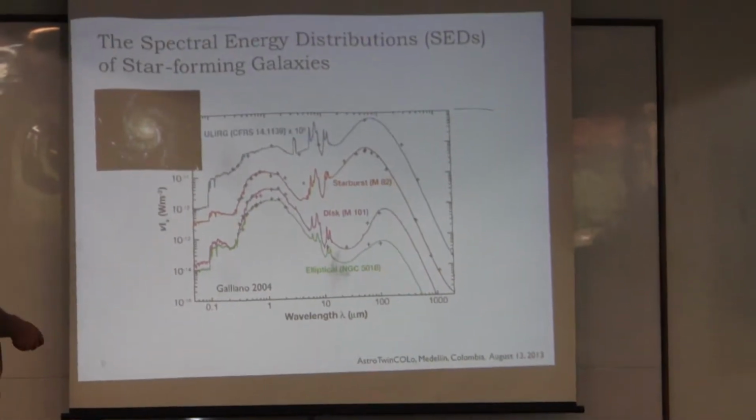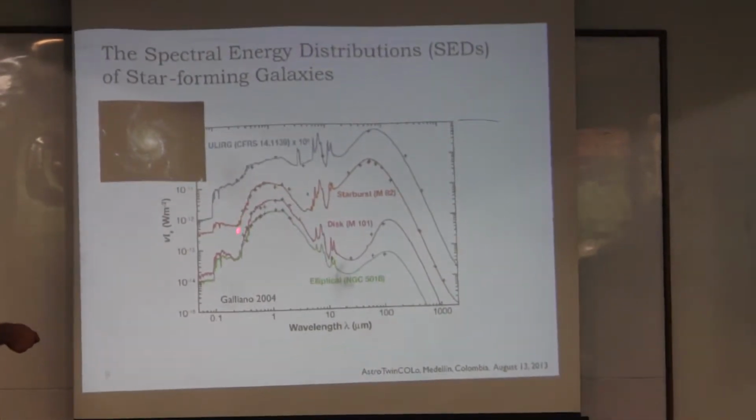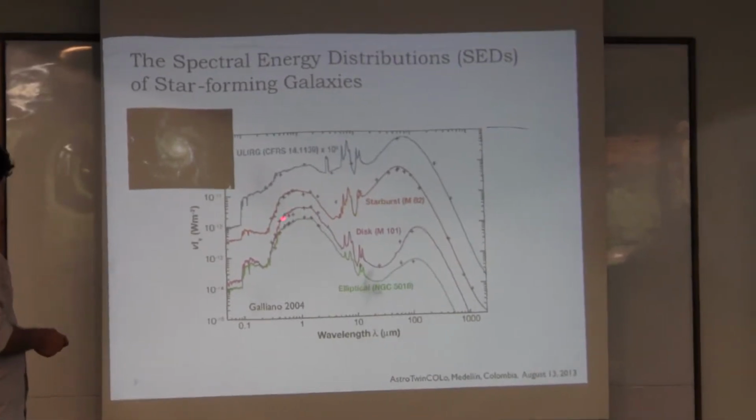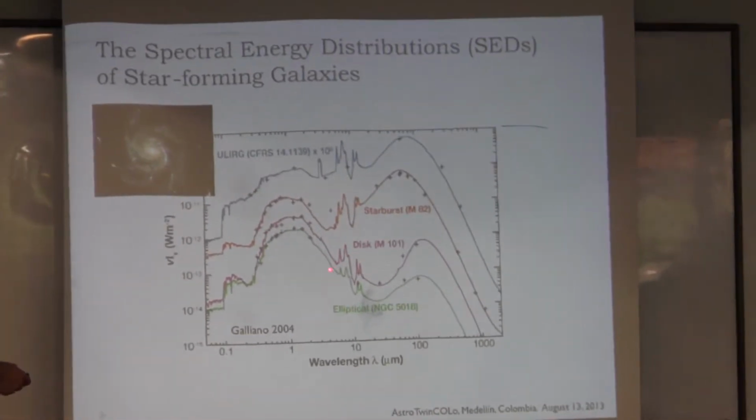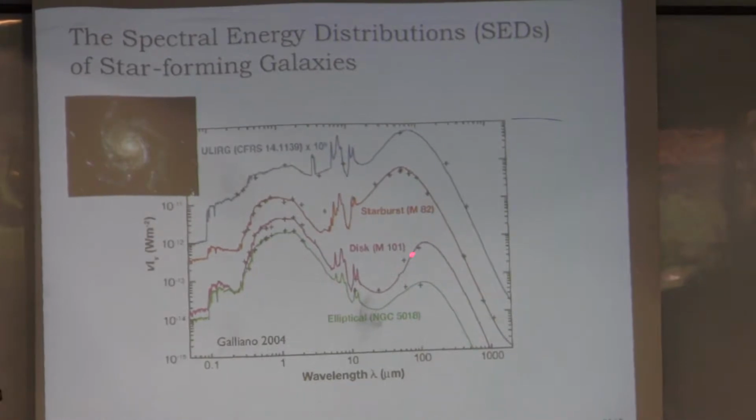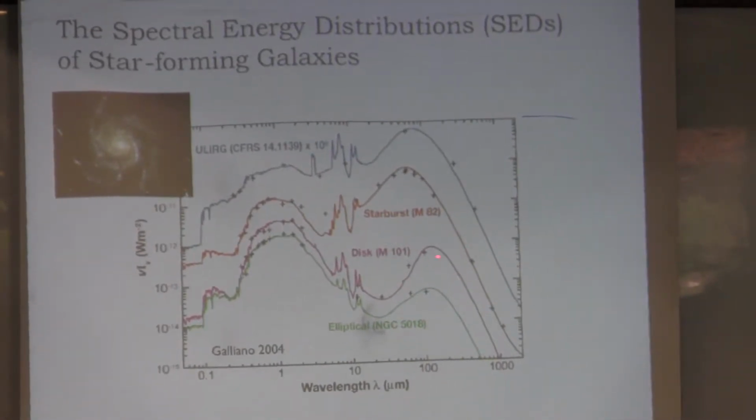You see that it has a considerable amount of emission in the optical and the UV. And then it also has some emission in the far infrared that is related to certain amounts of dust, mostly in the spiral arms, that emit in the infrared.